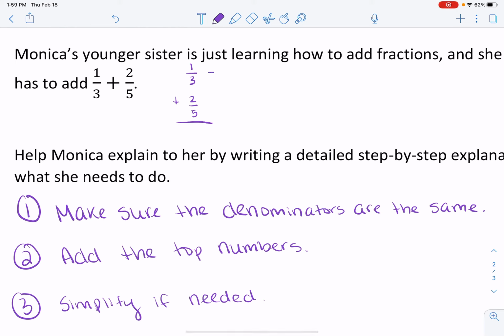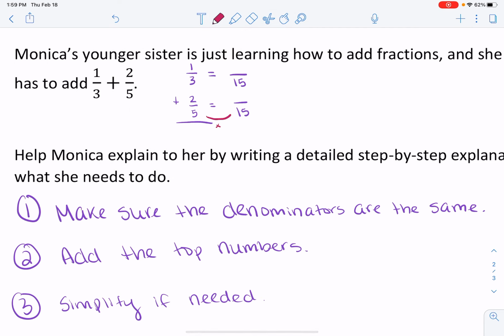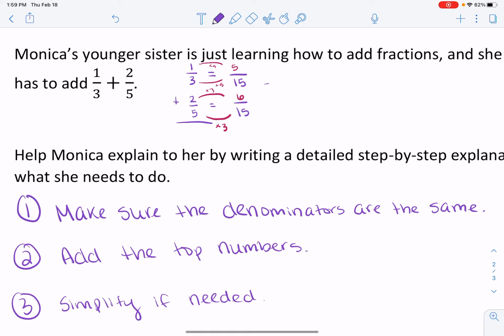So if I wanted to change both of these to have a denominator of 15, so I can add them: 5 times 3 gets me to 15, so I need to take 2 times 3, so that would be 6. 3 times 5 gets me to 15, so I take 1 times 5. So now I can take 5 over 15 plus 6 over 15, so that's 11 over 15.